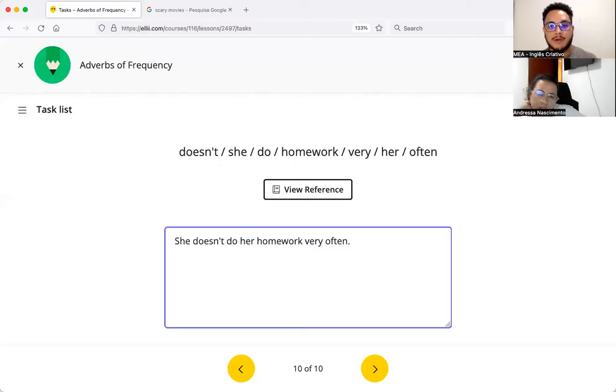Good, dear. Now, one in the negative with very often. They doesn't. They don't. Doesn't is he, she, or it. They don't.